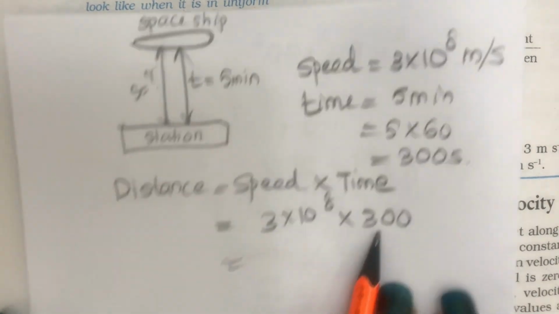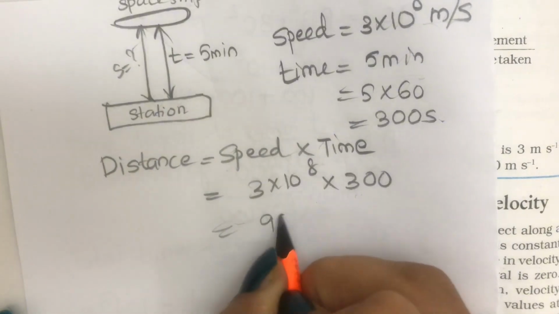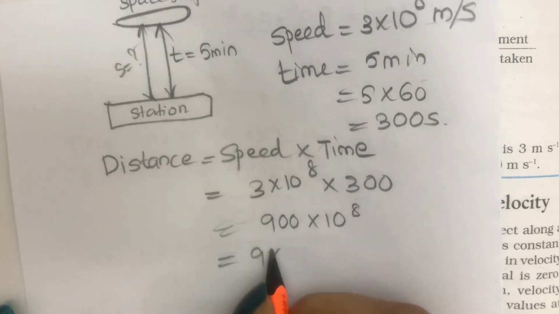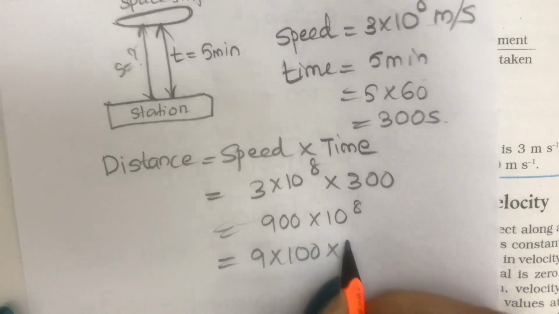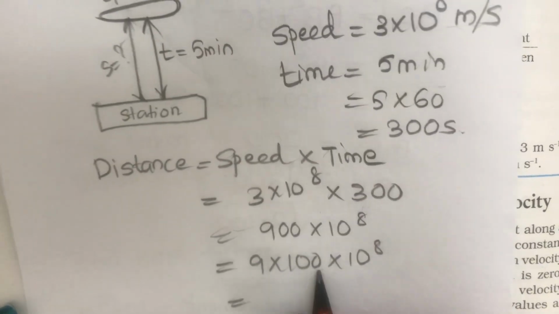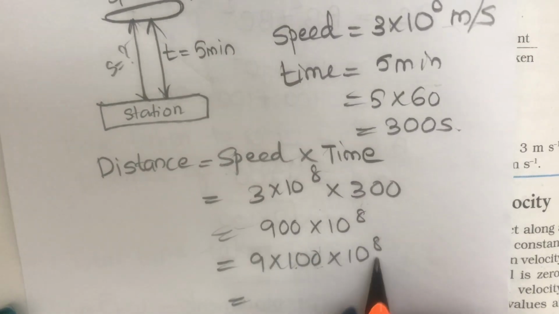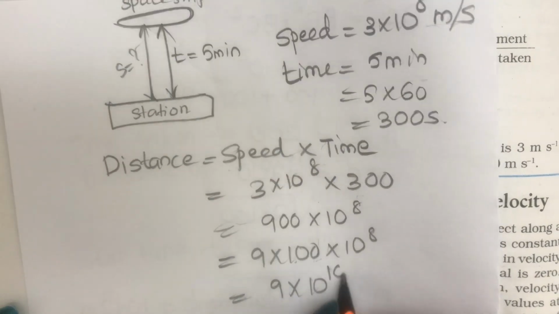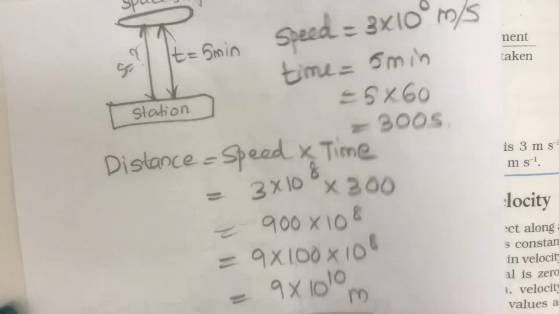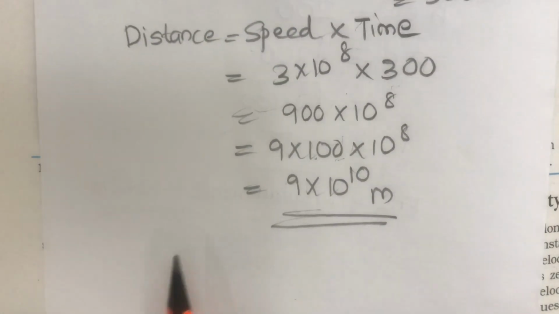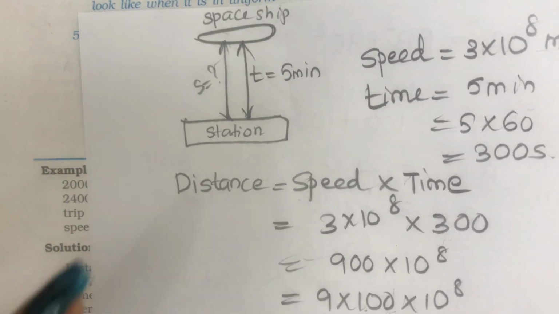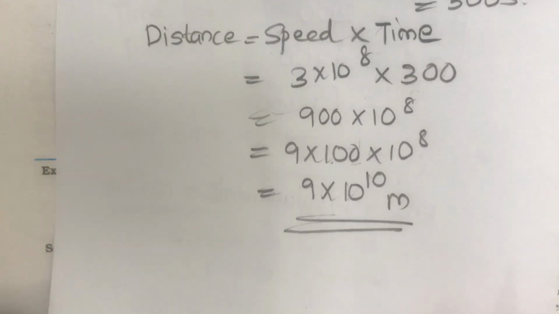So 300 into 3 is 900 into 10 raised to 8, which is 9 into 100 into 10 raised to 8. This is 10 raised to 2, and 10 raised to 2 into 10 raised to 8 is 10 raised to 10, right? So 9 into 10 raised to 10 meter. This is distance, no? The distance of the spaceship from the ground station is 9 into 10 raised to 10 meter.